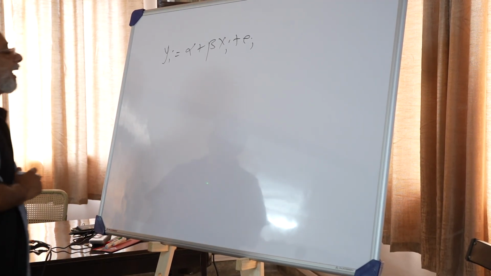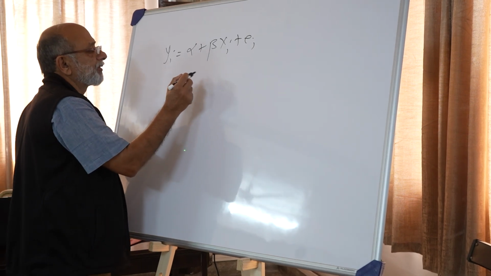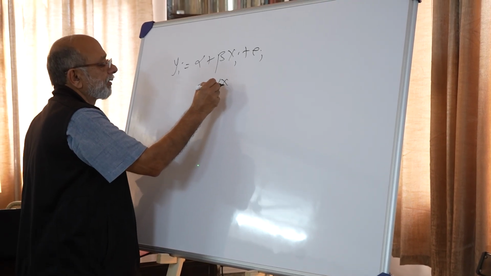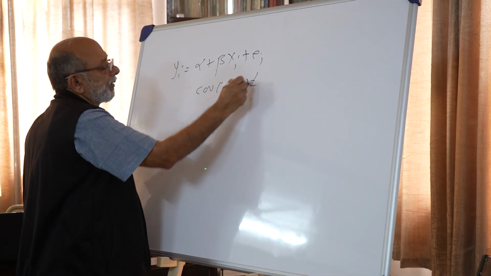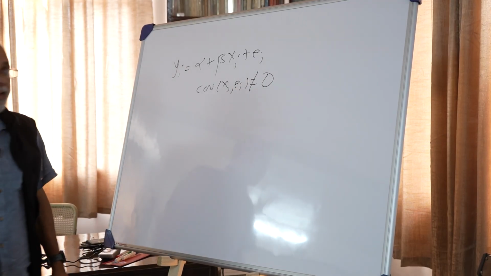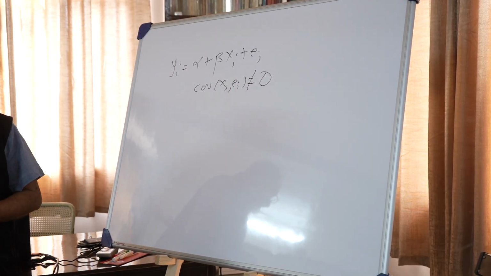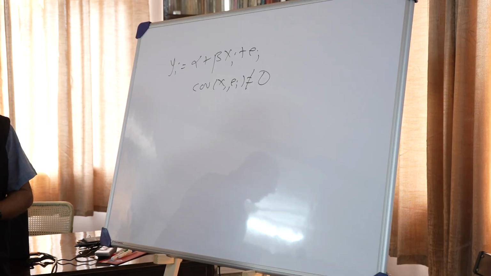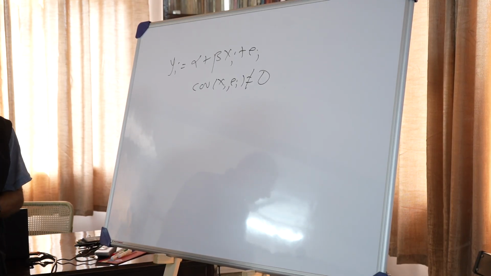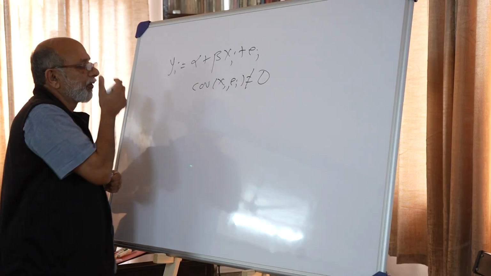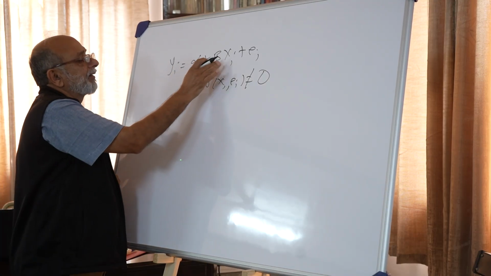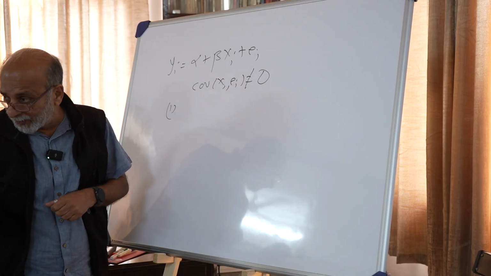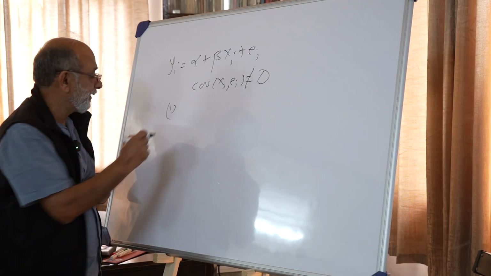Now, suppose we have a situation where covariance of xi and ei is not 0, right? And that can happen because of a number of reasons. One of course is the fact that we have an omitted explanatory variable correlated with an included variable.